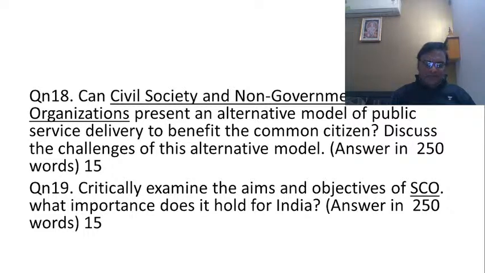The basic problem with the government bureaucracy is that they give more importance to rules and regulations than outcomes. That is where the problem is. So what is required is outcome orientation. These civil society organizations and NGOs don't have to worry about following the rules and regulations. They can focus on outcomes.